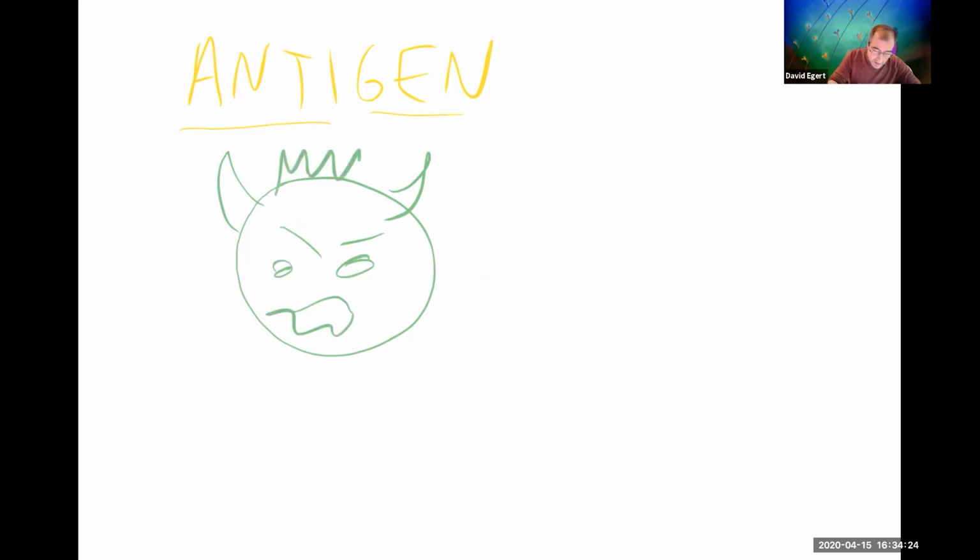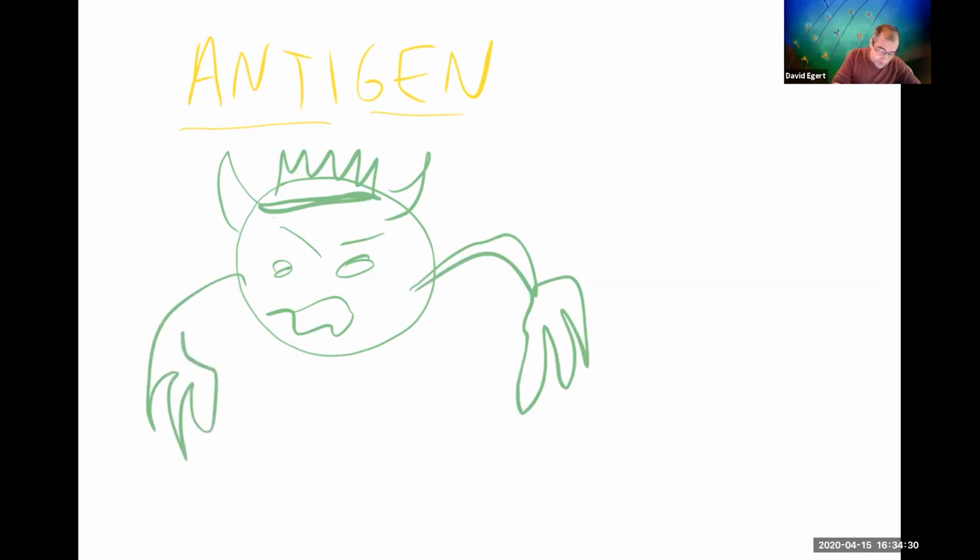It can be coronavirus, with crazy claws that go dig into your surfactant cells in your lungs and make you not able to breathe. So let's say coronavirus can be an antigen. That's what we're hoping to come up with, some way to stimulate our body to create antibodies for this thing.